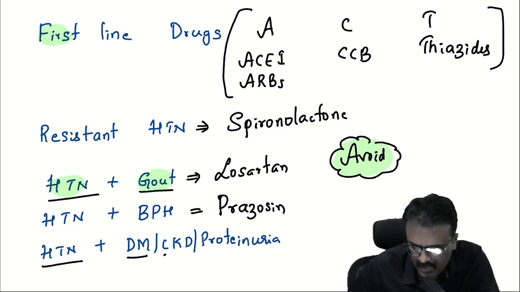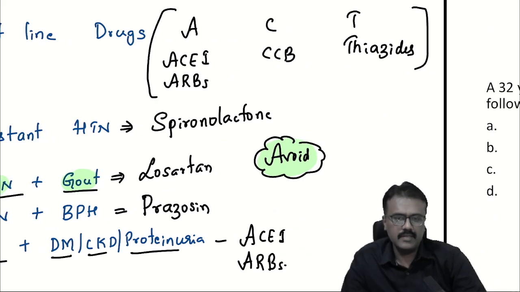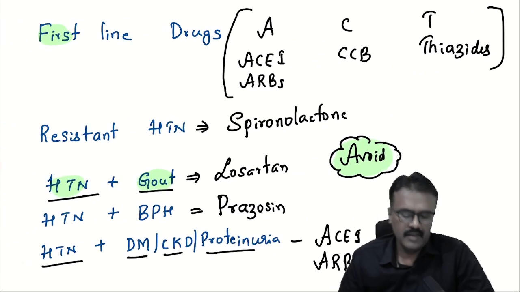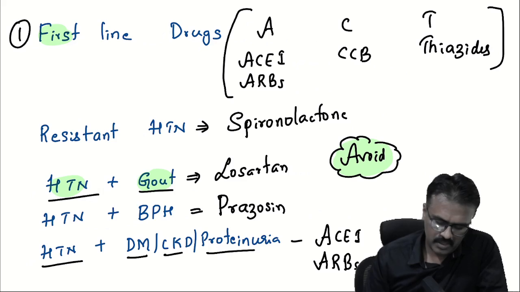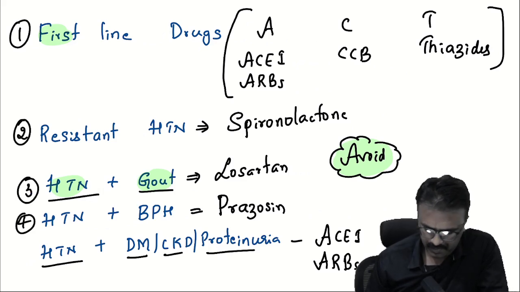Hypertension with diabetes, CKD, proteinuria, either ACE inhibitors or ARBs can be used. Now tell me, this is the first point, second point, third point, fourth point, fifth point.